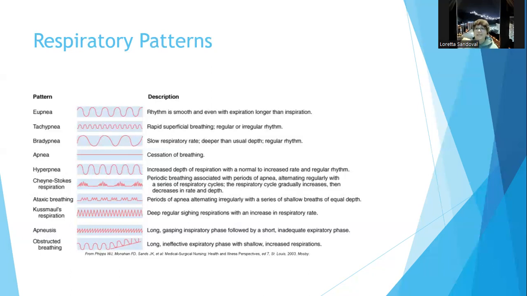You're breathing in more than you're breathing out. Obstructed breathing is a long, ineffective expiratory phase with shallow, increased respirations. So breathing obstructions, obviously, that's a 911 situation. And we've all done the training in CPR training for obstructed airways.